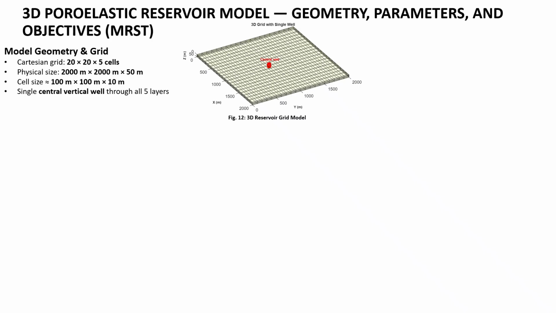Each cell is approximately 100 by 100 by 10 meters, which provides a balance between numerical resolution and computational cost. We also include a single central vertical well that penetrates all 5 layers, which you can see in figure 12 in the red alignments there.